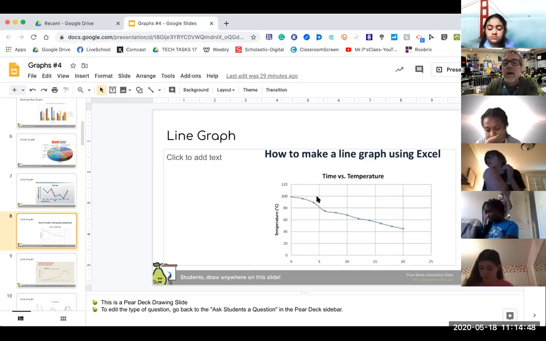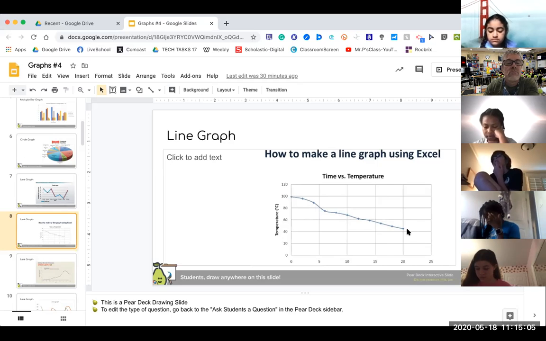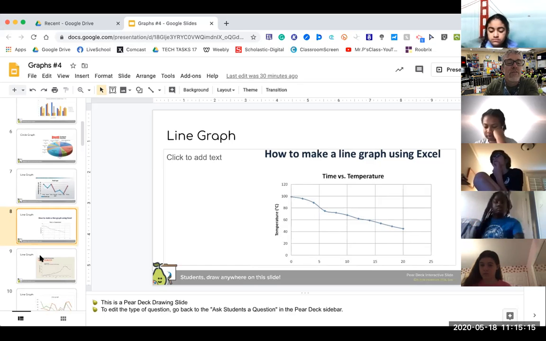We also talked about right here, that was probably where they poured some into a cup because it cooled at a steeper rate, meaning faster. Then they probably set it back on and it generally cooled off. Remember we talked about the slope being about the same through here, but here it's steeper, meaning it was getting cooler faster.